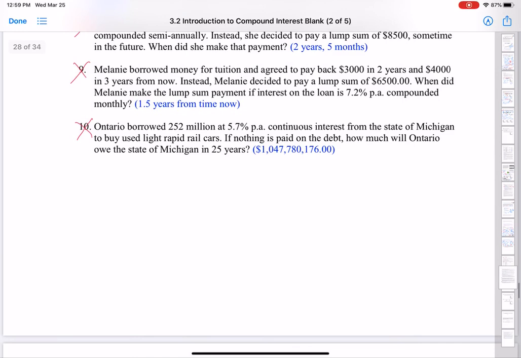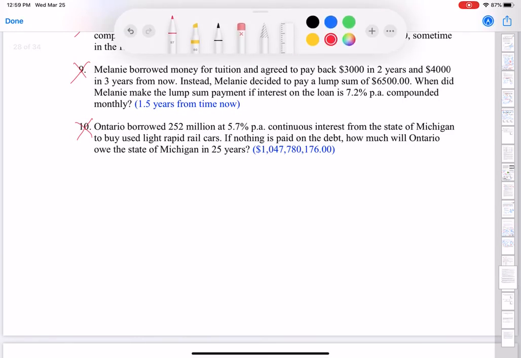All right, so what I want to talk about really briefly is that online you have a project called an investment project. And you are going to do this project in Excel. Now, the instructions are online of how you program your formulas into Excel, but if you have any trouble, please do send me an email.